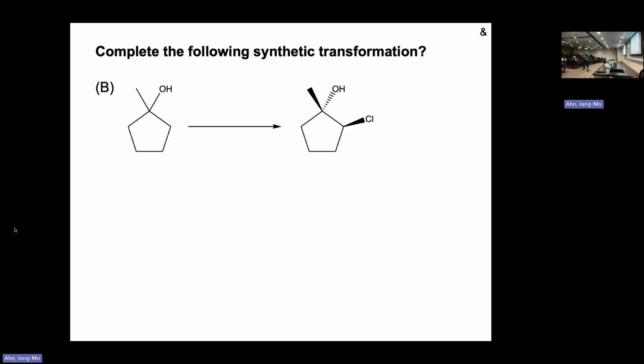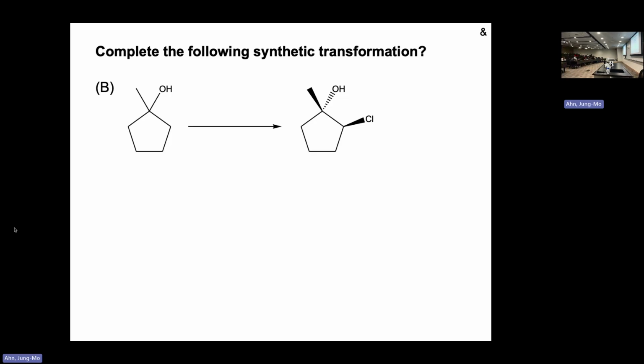All right, the next one. It's pretty similar. Now you recognize the pattern here. It's an OH and Cl in a trans relationship right next to each other. That looks like the product of the halohydrin reaction, right? But also the OH has to be on the more substituted side, and then the chlorine has to be on the less substituted side to become a halohydrin product. Stereochemistry is also critical.